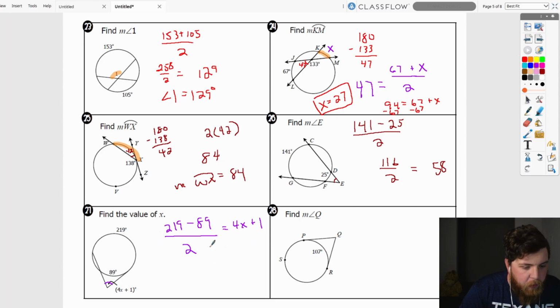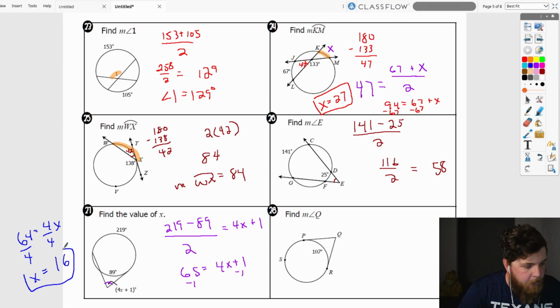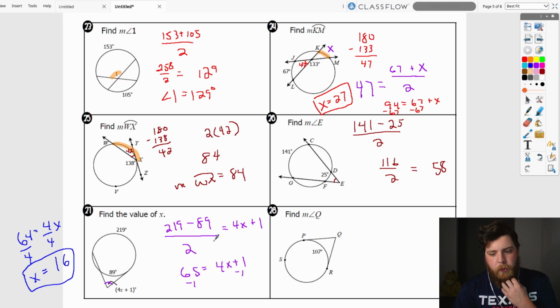So if I solve this, this ends up giving me, I think, 65. Yeah, 65. So 65 is going to be equal to 4x plus 1, because subtract 1 over. We end up getting, I'm going to do it over here, 64 is equal to 4x, divided by 4, divided by 4. We get 16. All right, so x would be equal to 16.